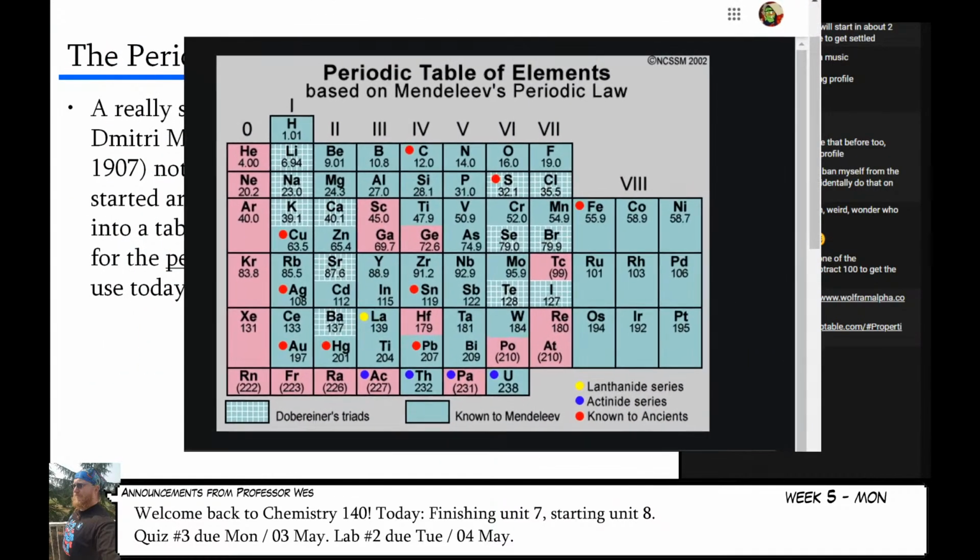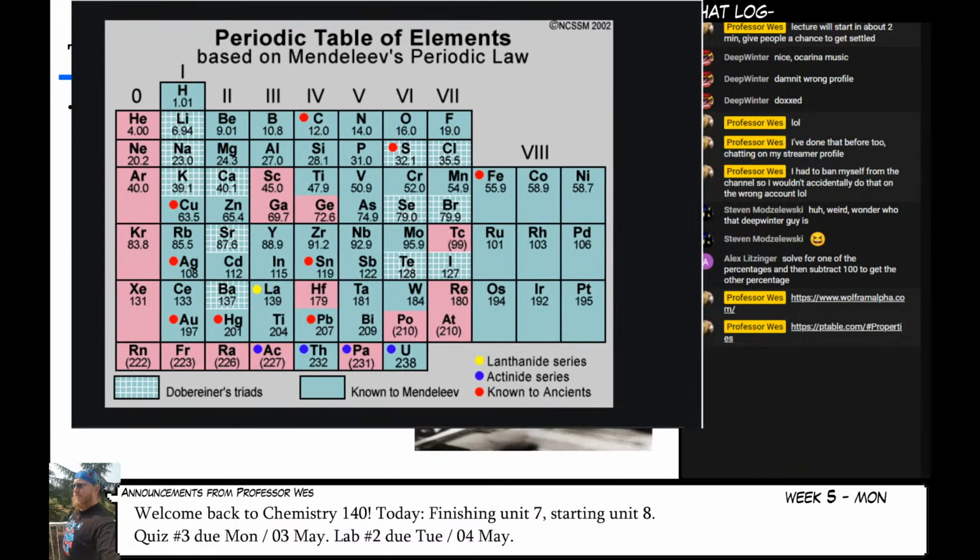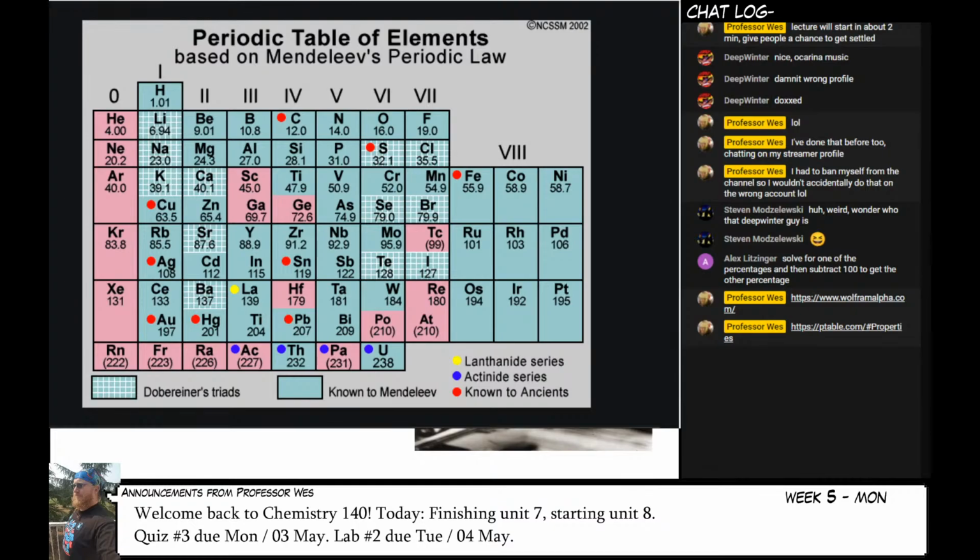We'll make this bigger. We'll chop my little orc picture out of there. You can see that Mendeleev's periodic table was a little bit different than ours, but a lot of the things on our periodic table still remain to this day from his findings.